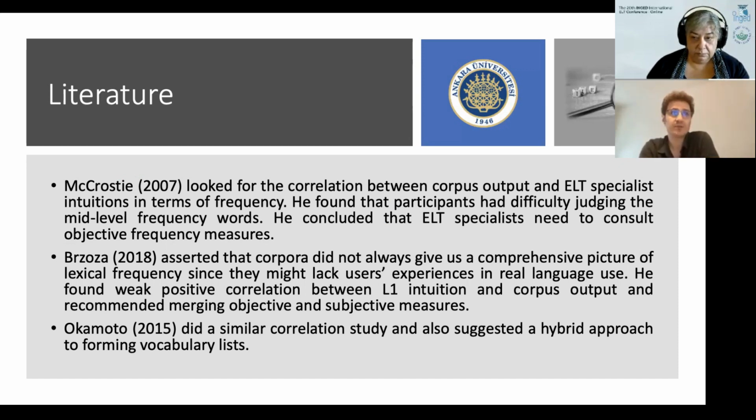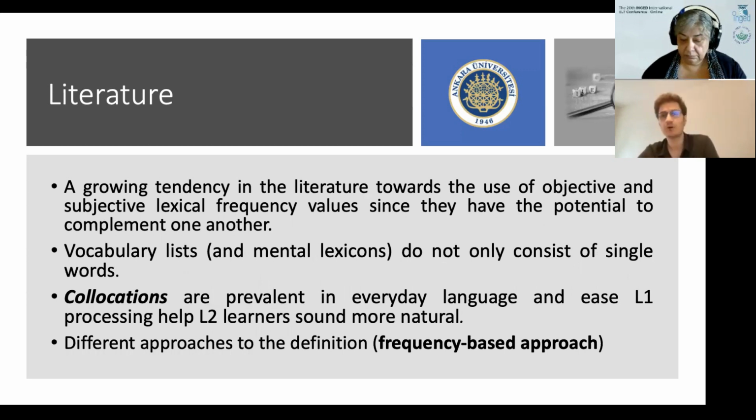And he found a weak positive correlation between L1 intuition and the corpus output. And what he recommended was merging those two measures to get more effective results. And Okamoto did a similar correlation study and suggested a hybrid approach for forming vocabulary lists. So there's a growing tendency in the literature towards the use of both measures, because obviously they have the potential to complement one another.